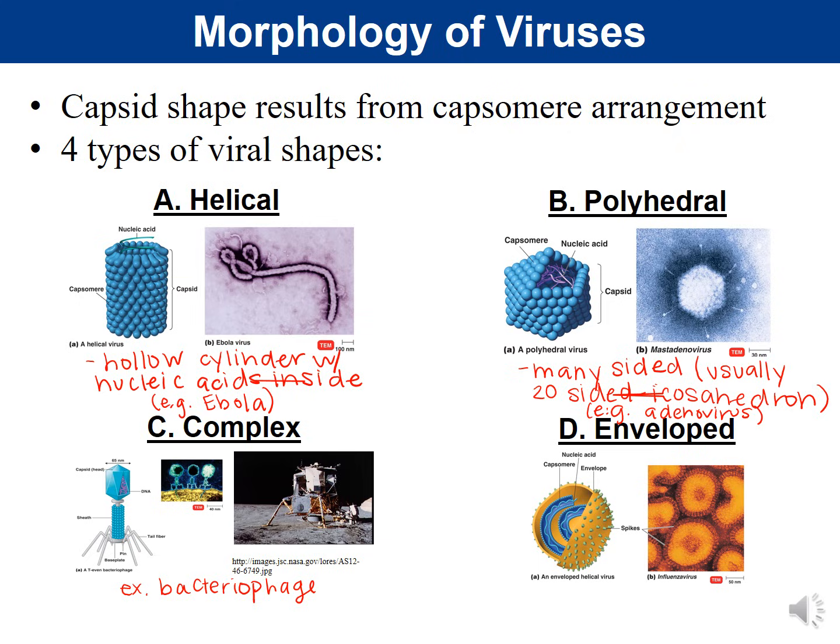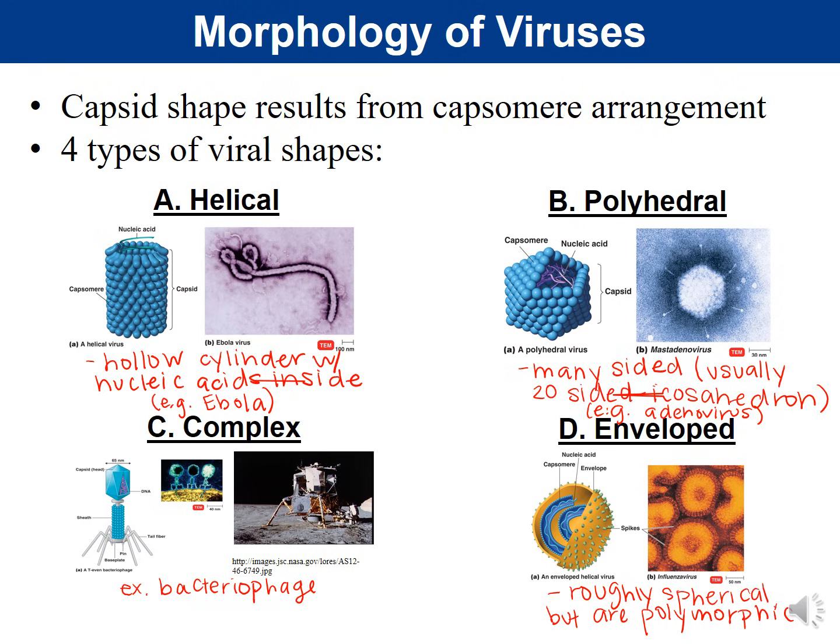And lastly, we have what's called enveloped viruses. And in an enveloped virus, these are roughly spherical, but are polymorphic, meaning that they can have many shapes.